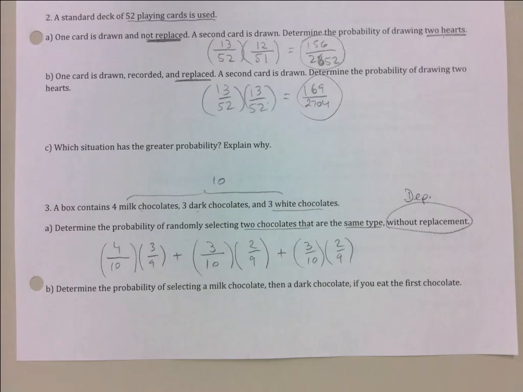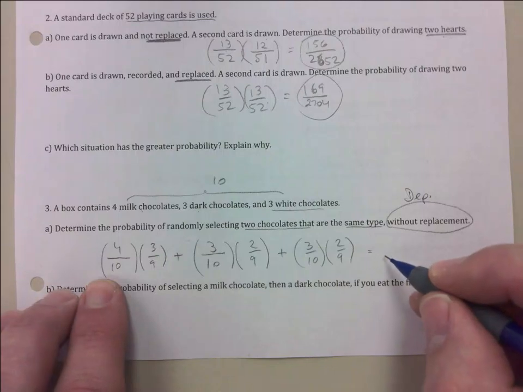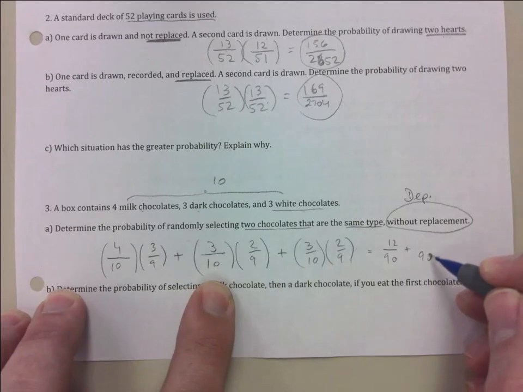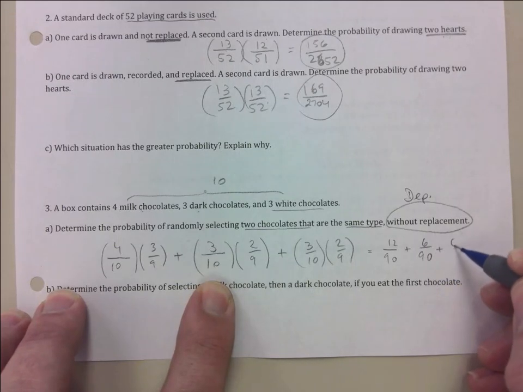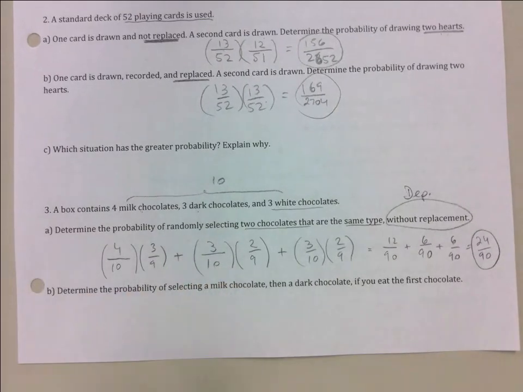And I will let you figure out, I guess it's 90, right? It's always 90, and this is 12. This is still 90, and that's 6, and another 6. So that would be 18 over 90. That is without replacement.